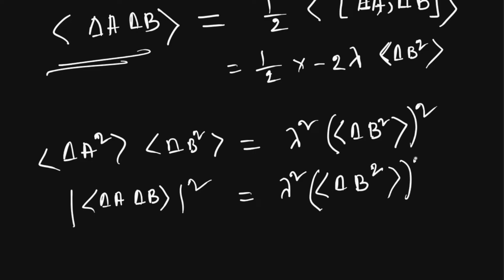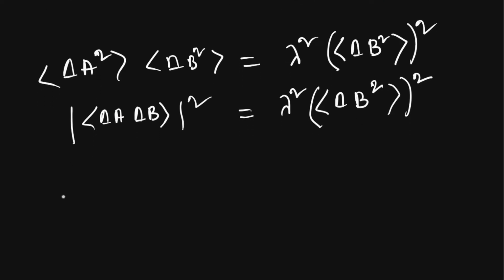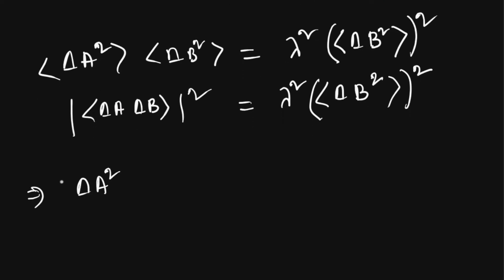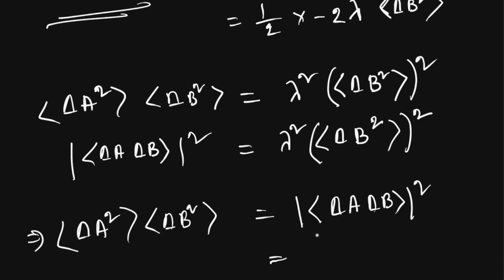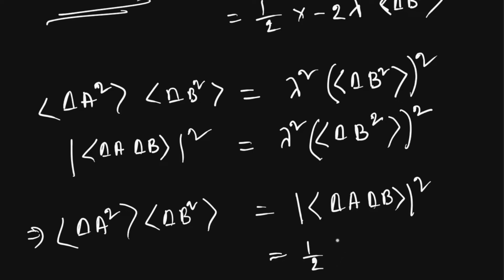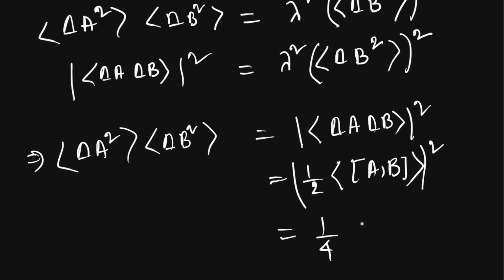So from these two relations we get that delta A square into delta B square is equal to expectation of delta A delta B its square, which is nothing but, as we have seen, half of expectation value of A comma B its square, and expectation of anti-commutation is already 0, that means it is equal to 1 by 4 mod of expectation of A comma B its square.